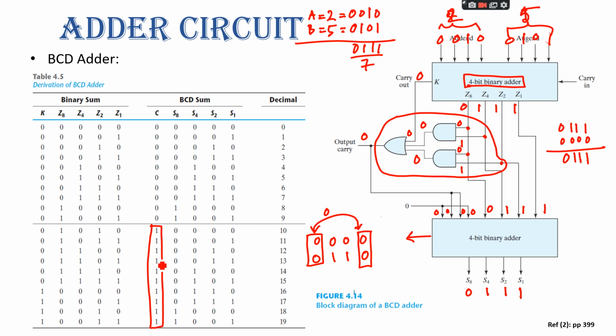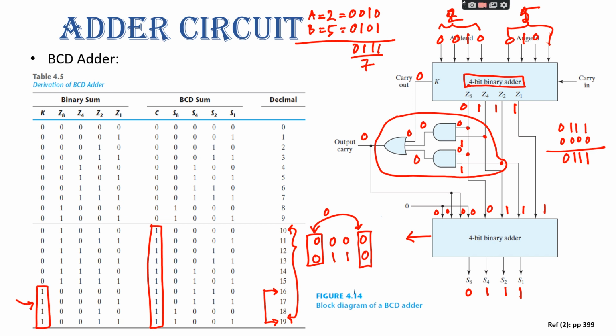So we have to look for the combination for which the output is 1. We can choose all the combinations from 10 to 19, right? Yes, sir. Among them, if you see from 16 to 19, one combination is common for which the output will be 1. What is that? Your K is 1, right?